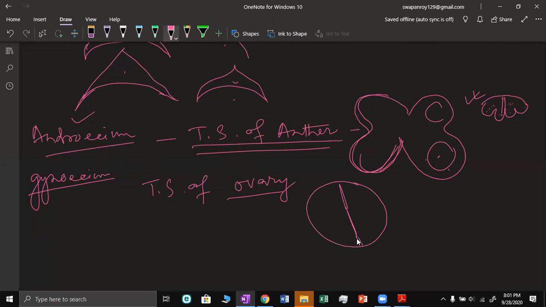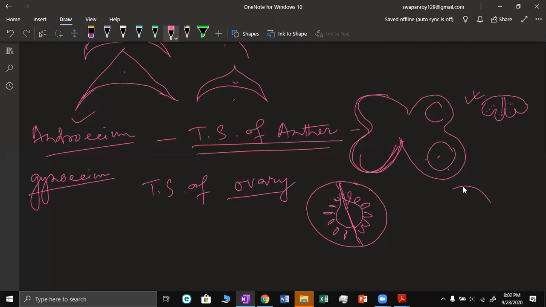Then what is the placentation? How many ovules are there? If the ovules are limited, that is shown in the limited number. If the ovules are many, say like in case of tomato, two chambers are there and many ovules can be shown in this way, placental tissue. So transverse section of the ovary.